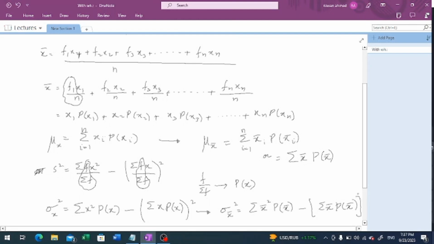And these two formulas we can now use to compute the mean and the variance of random variable x bar that we have computed on the basis of the samples drawn in case of sampling without replacement for a sample size of 2, then later on for 3, and then for sample size of 4.